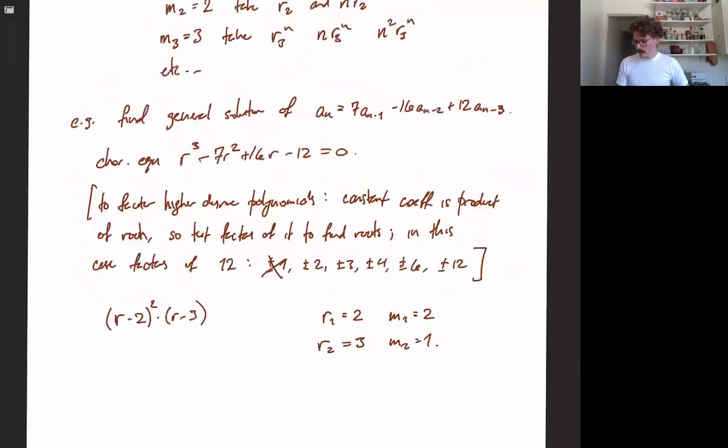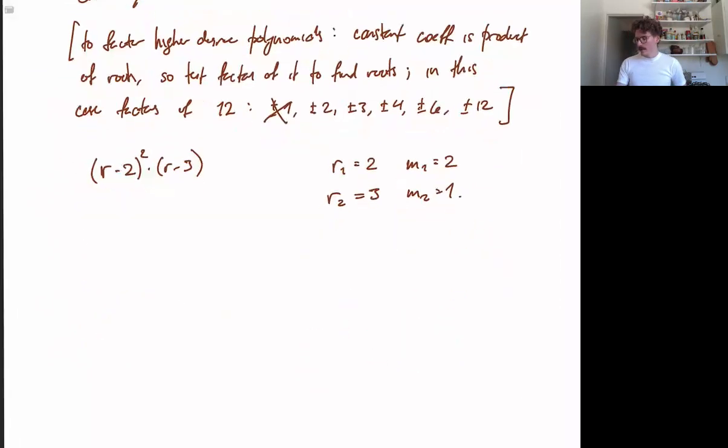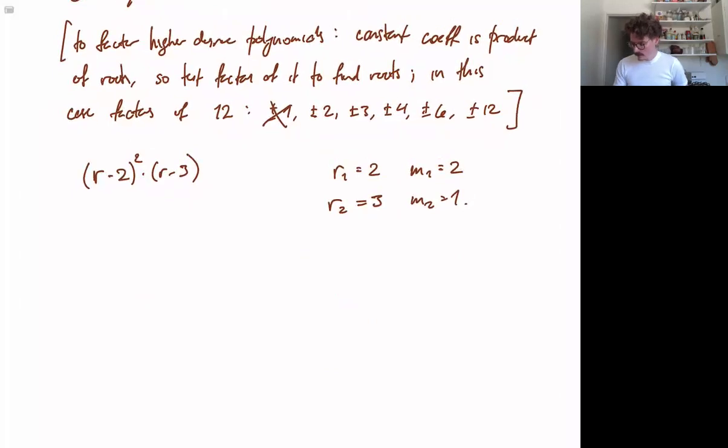So let's take a look at what we are dealing with here in the multiplicity 1 and 2 case. We are going to get 3 fundamental solutions, as is right and proper for a degree 3 recurrence. And those fundamental solutions are, let me go ahead and write the general solution.